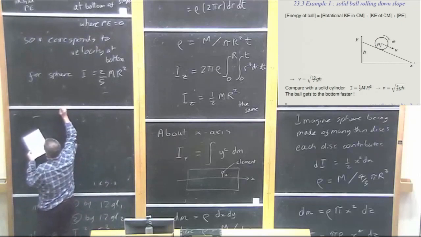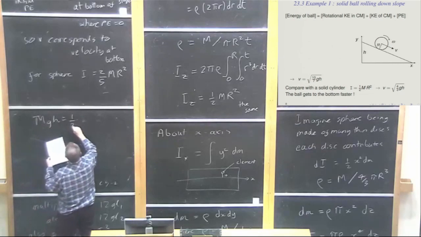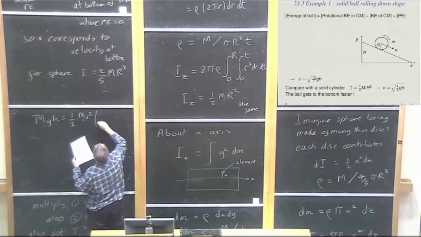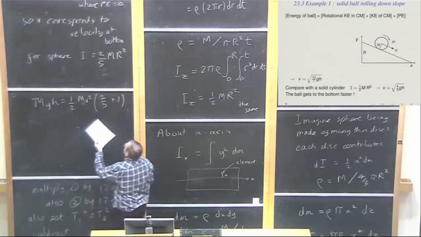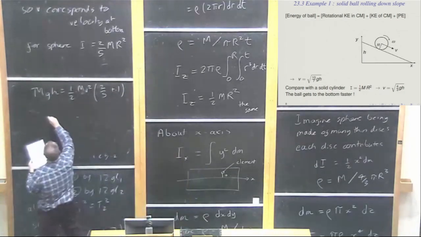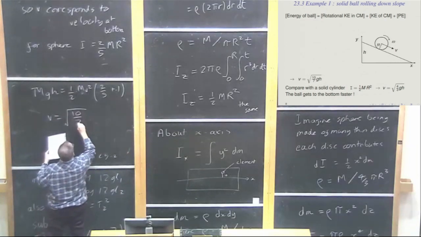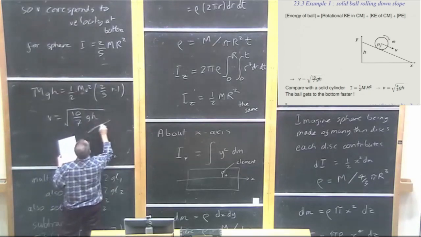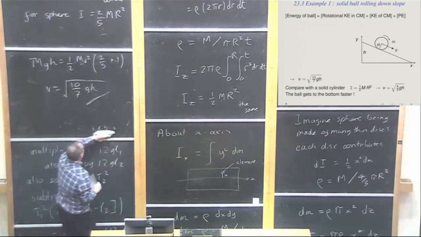So we get mgh is equal to a half big M v squared, so taking mv squared out, 2/5 plus 1. So this is the rotational part, this is the translational part, and solving this gives root 10 over 7 gh. So that is the velocity with which the ball reaches the bottom of the slope.